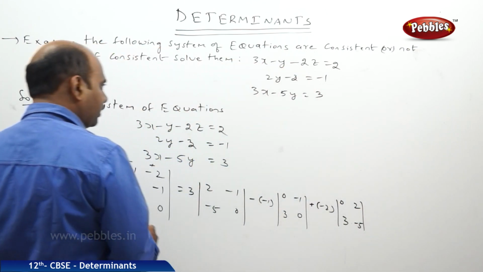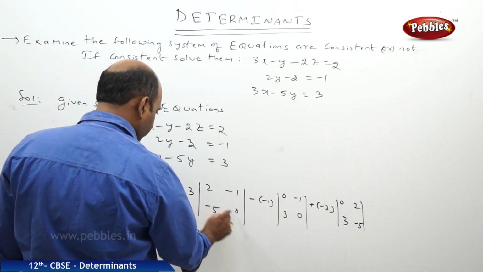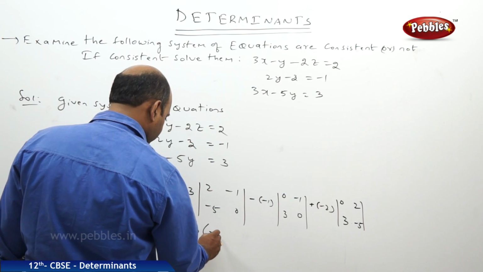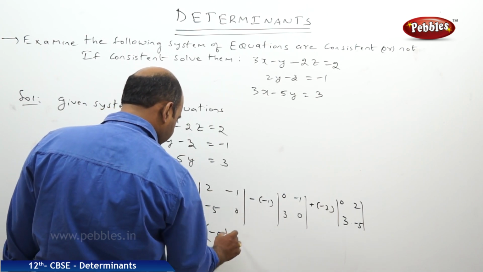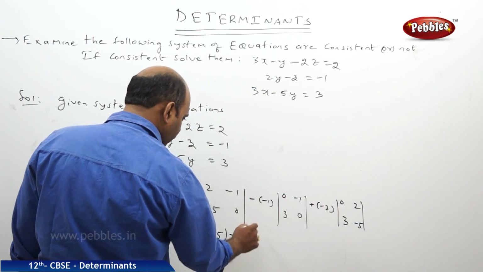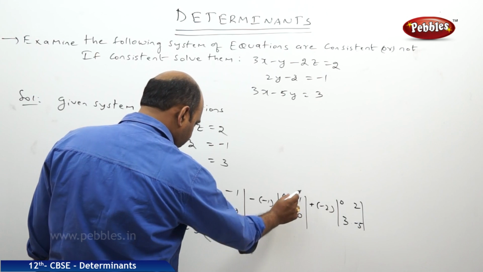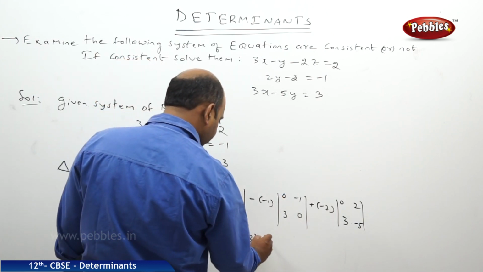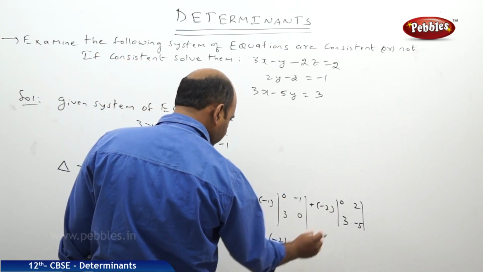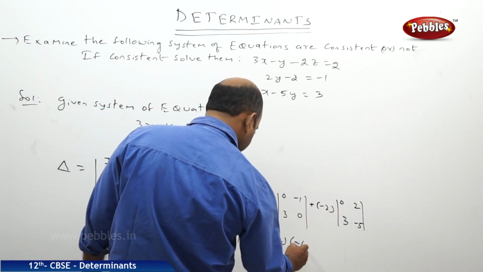So if you observe carefully, what happens? 3 into 2 into 0, 0, and this becomes minus 5. Minus minus becomes plus, and here this becomes 1. Minus minus becomes plus, and here 1 into 0 plus 3. And here, minus 2 into 0 into minus 5, 0, and here what happens?